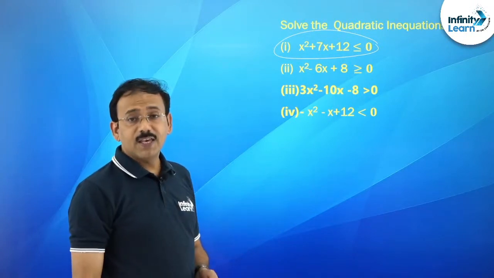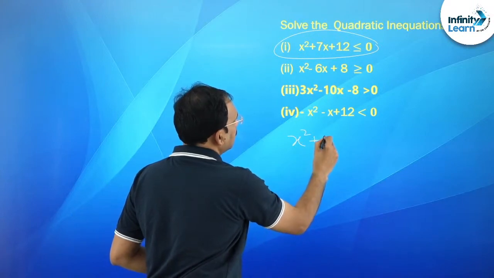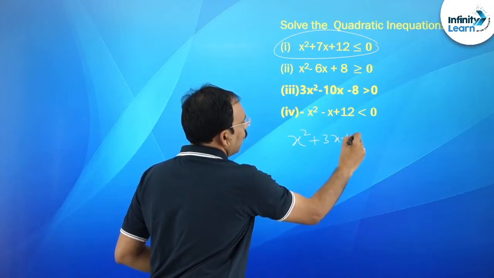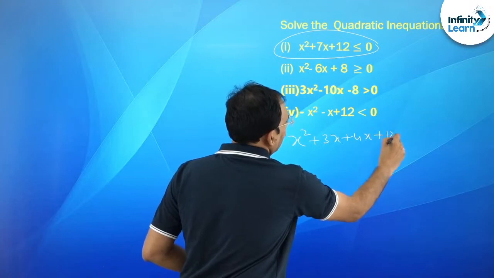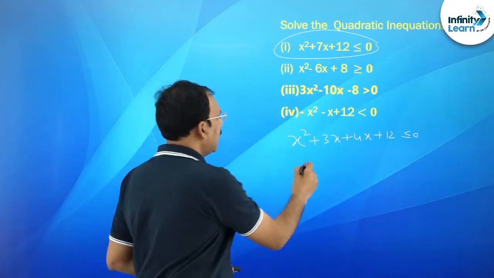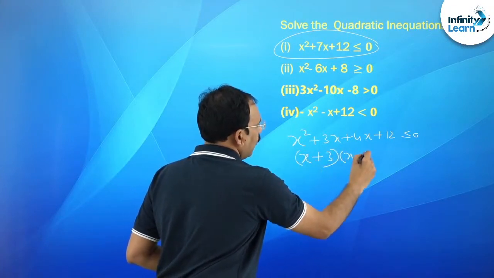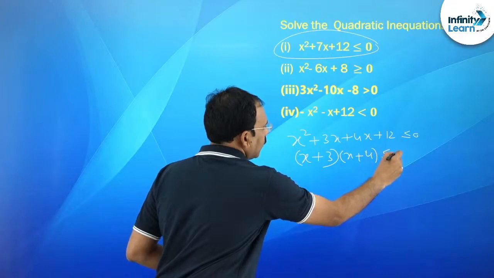Can you factorize this? Yes, x square plus 3x plus 4x plus 12 less than or equal to 0. Of course, you know how to factorize. Let me write it as (x plus 3) into (x plus 4) is less than or equal to 0.